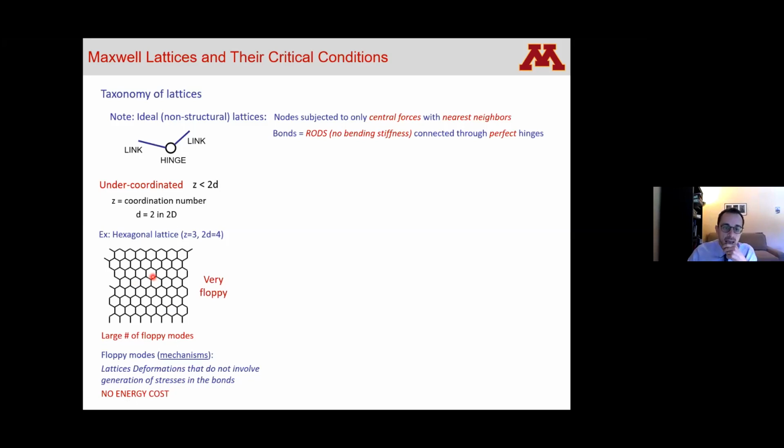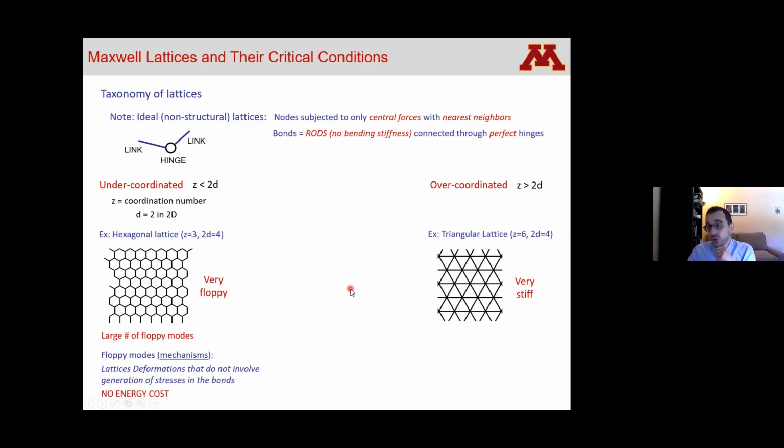Okay. On the other end of the spectrum, I have over-coordinated lattices where Z is greater than 4 in 2D. And the typical example is the triangular lattice, where Z is equal to 6. And everybody has experienced that the triangular lattice is a stiff lattice.